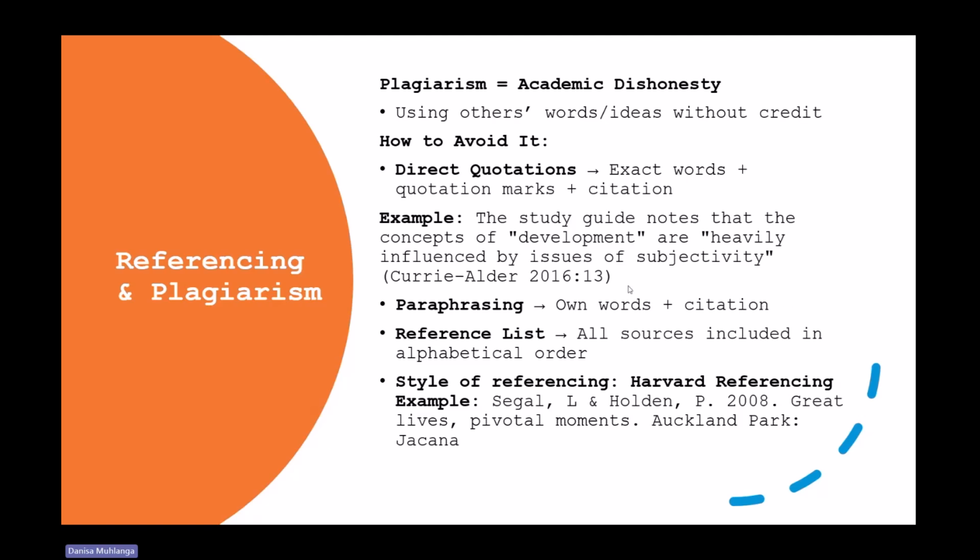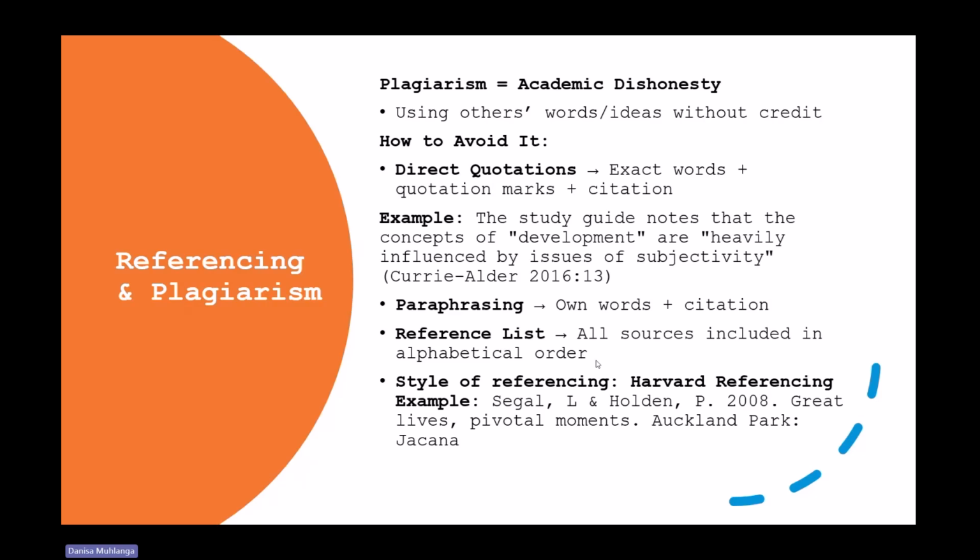How else can you avoid plagiarism? This scholar here, Kara Alda, I also need to include him in the reference list, right? So all the sources that I'm going to use in the body of my assignment, I need to include in alphabetical order in the reference list.